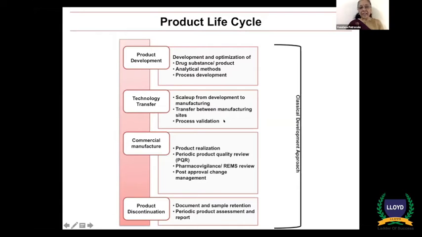So, of course, once this validation is done, which is typically at 10x level, if I consider X as the prototype development stage, this becomes 10x. From 10x, you need to move to 100x, and that is actually the commercial manufacturing, wherein the product gets realized.